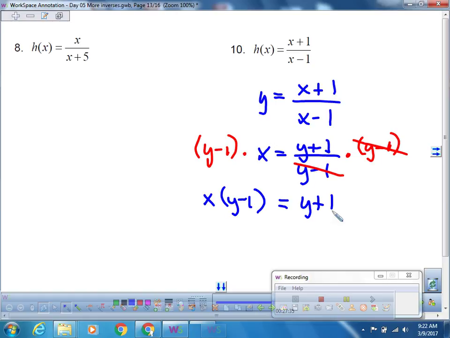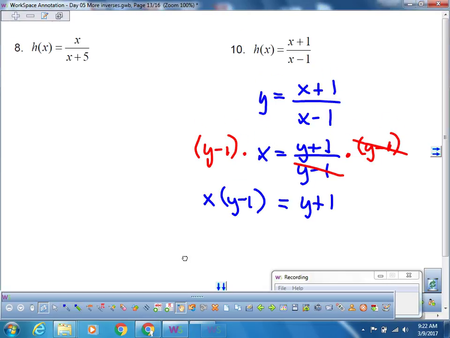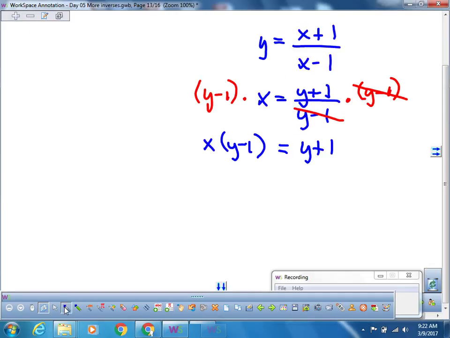You can't add it. It's being multiplied. You can't divide it because then we're right back to where we were. How are you going to square root it? That's not going to do anything. Okay. So let's try that.